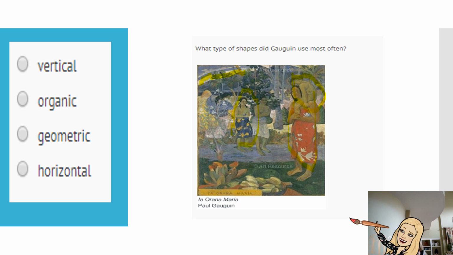We don't have lots of geometric shapes in here. I hope you can see this highlighting that I'm doing. So the answer choices are vertical, organic, geometric, and horizontal. Based on the shapes that we just highlighted, why don't you go ahead and take a guess in your mind as to what you think the correct answer will be.